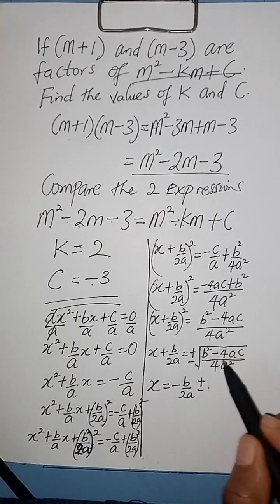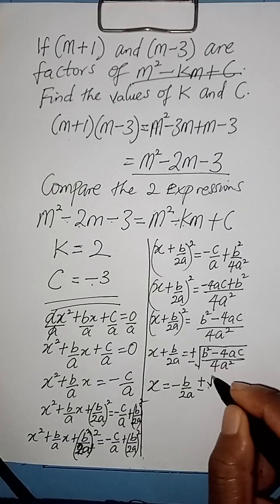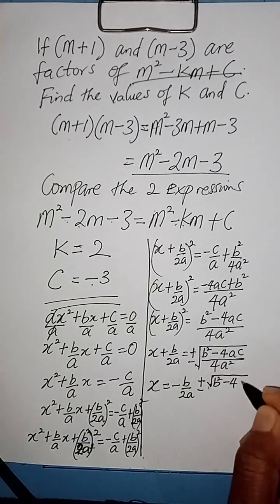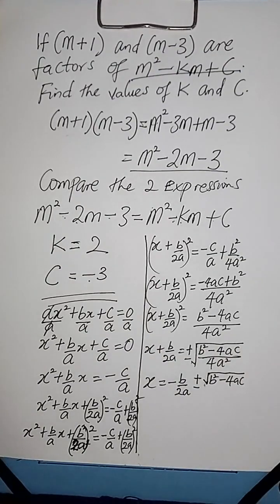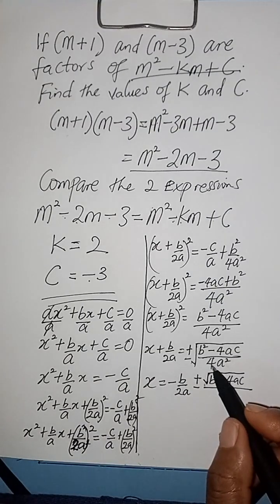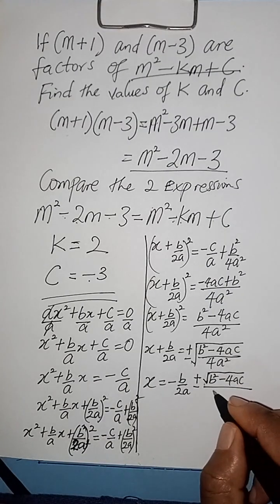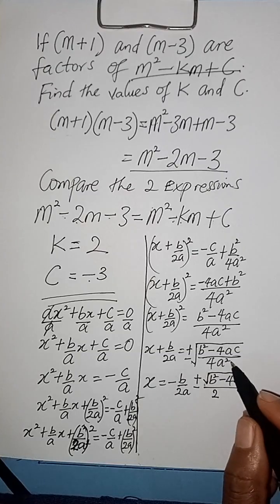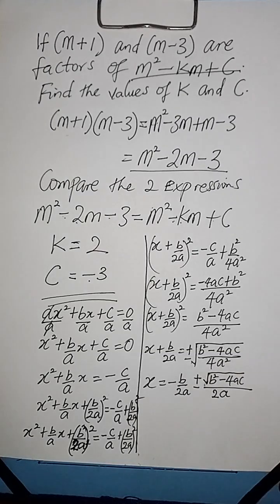I cannot square root the numerator, so I'll retain the square root at the numerator: b squared minus 4ac. I can look for the square root of 4, which is 2, and the square root of a squared is a.